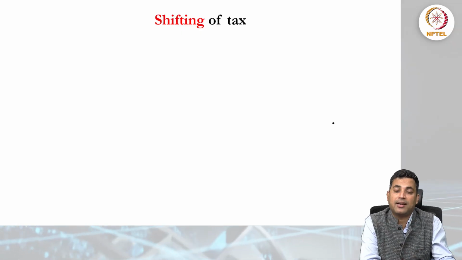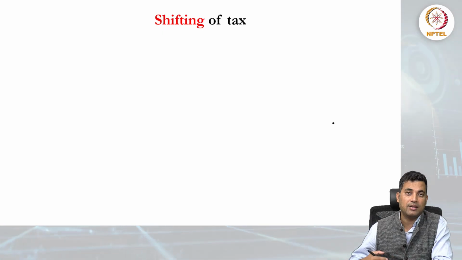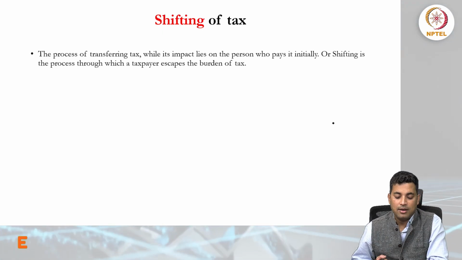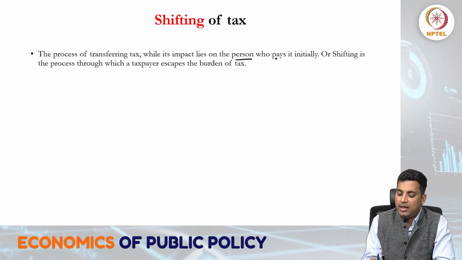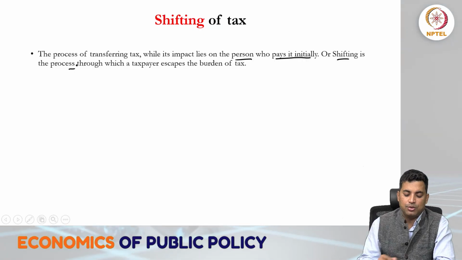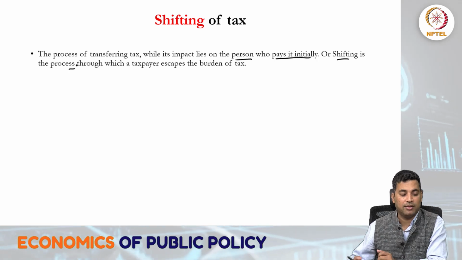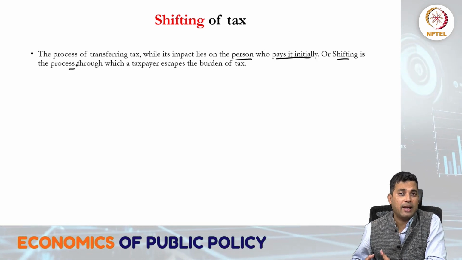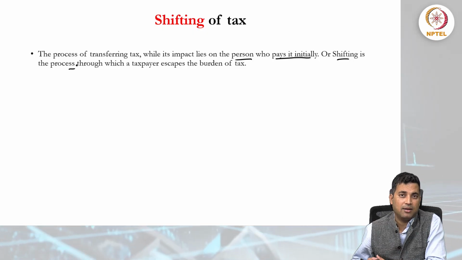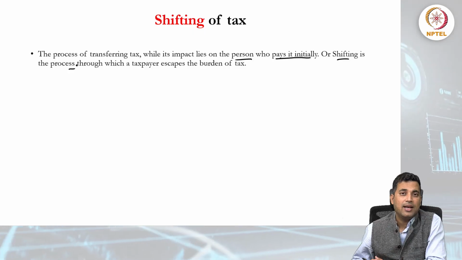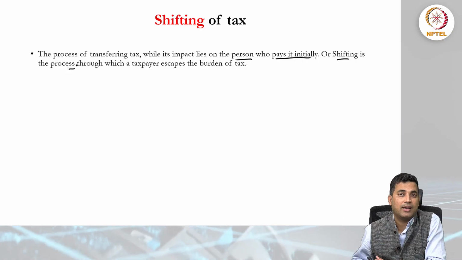Now, shifting of the tax. When tax is levied, how can one shift it? Shifting is the process of transferring tax, while its impact lies on the person who pays initially, the process through which a taxpayer escapes the burden of the tax by transferring the burden to others. In the example I have given, if tax is imposed on the commodity, say on the producers, the producer will not bear the taxes alone.